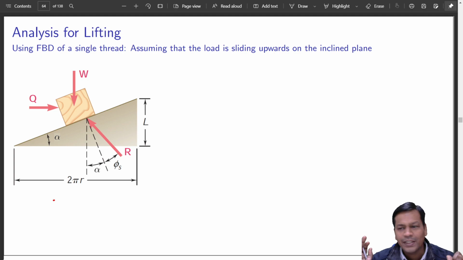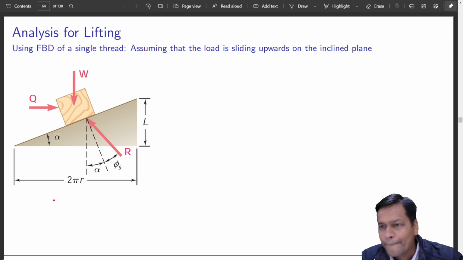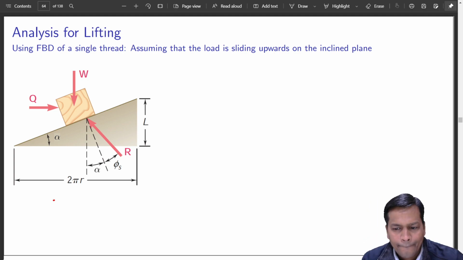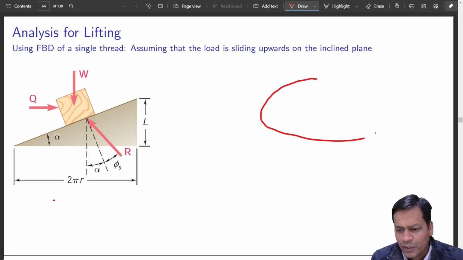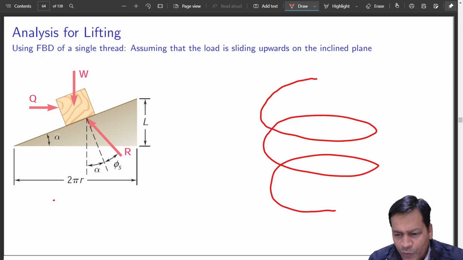Okay, so using 2 pi r, if you see a spiral now, I'll draw it here in a clearer way. So this is your spiral. This is how it goes. Okay, so if you turn, the mean distance is r.